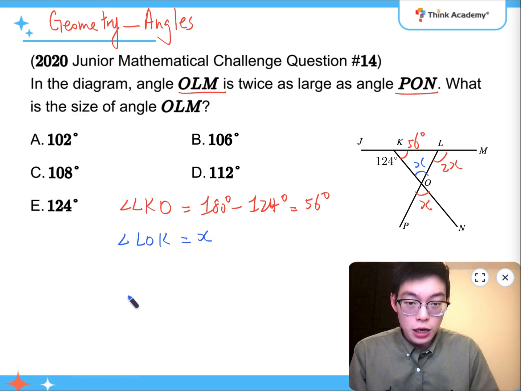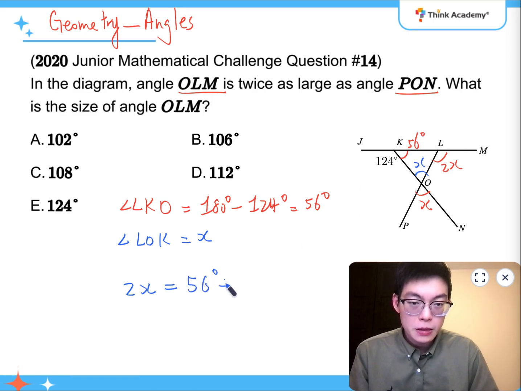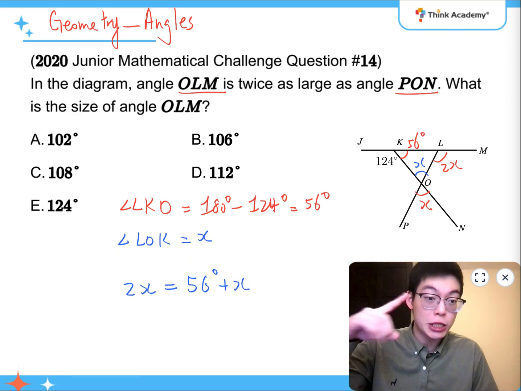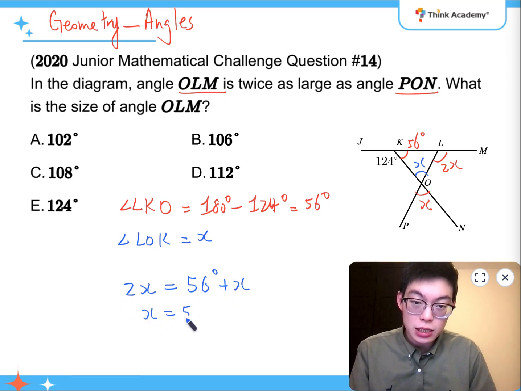So OLM, which is 2x, is equal to 56 degrees adding x, which are angles LKO and LOK, the two non-adjacent interior angles. Cancelling one x on both sides, x is 56 degrees.